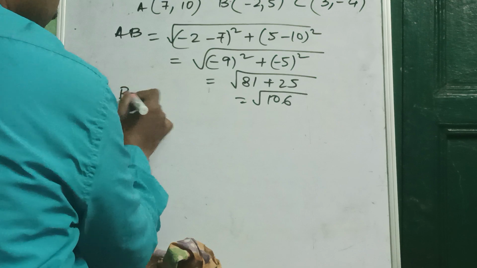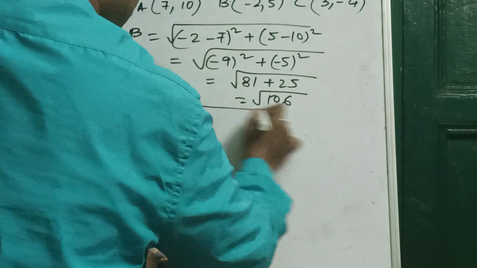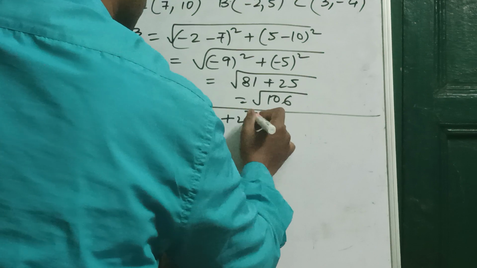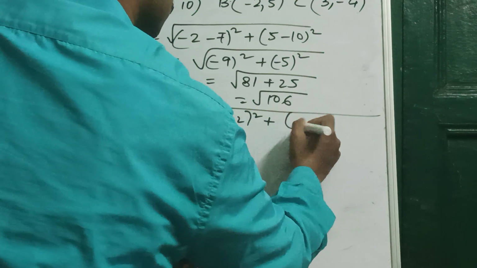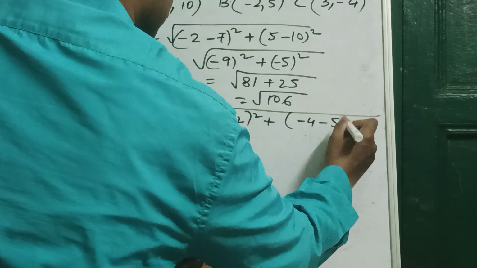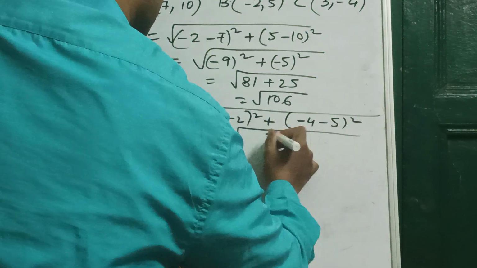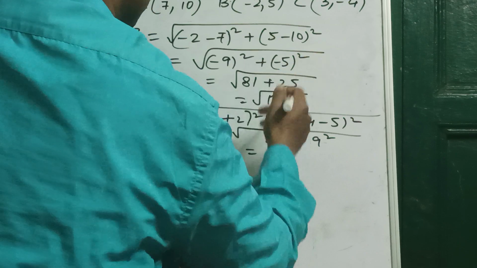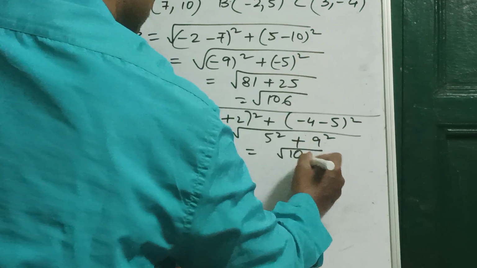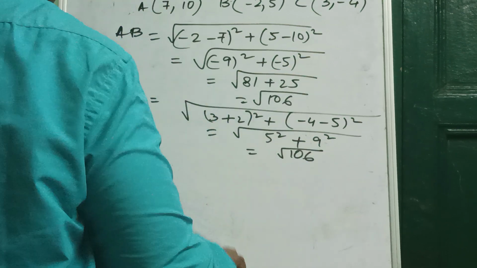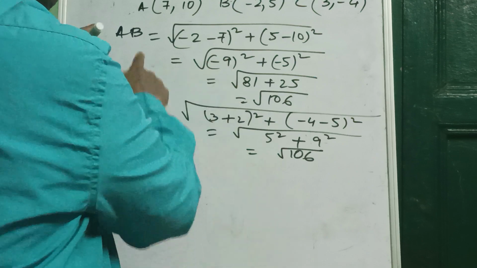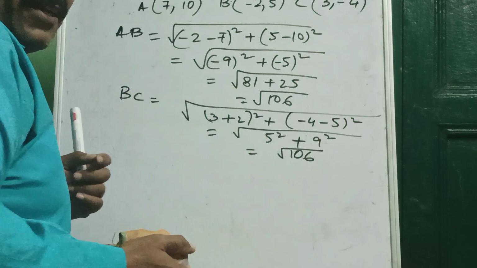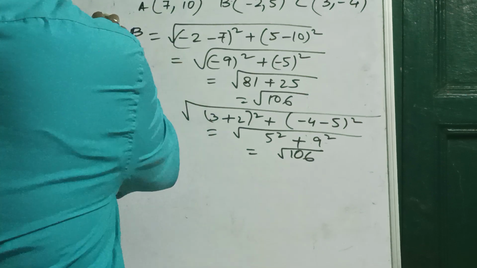Then BC: 3 minus minus 2, that is plus 2, 5, plus minus 4 minus 5, square, again 5 square plus 9 square, you know that, 106 again. AB and BC are both root 106. It can be proved that it is an isosceles triangle because both sides are equal.